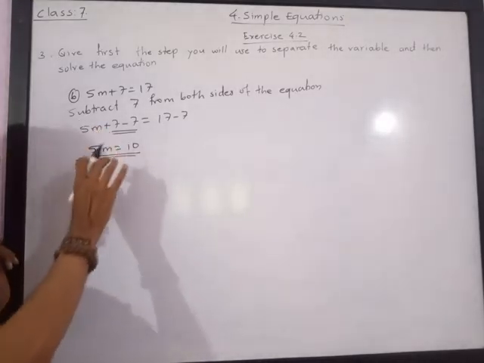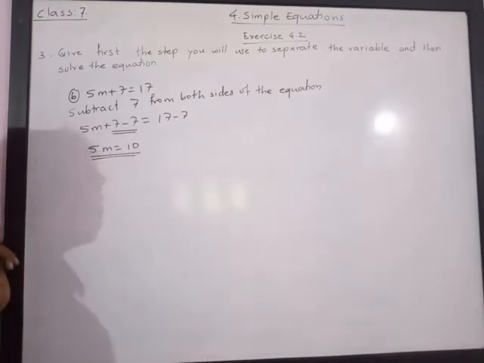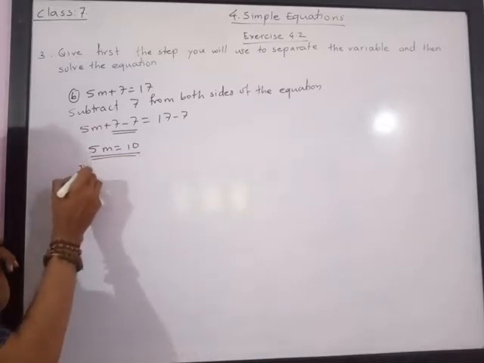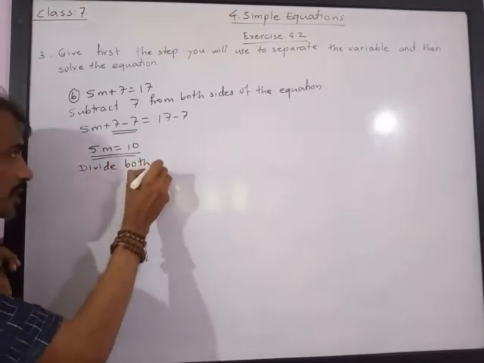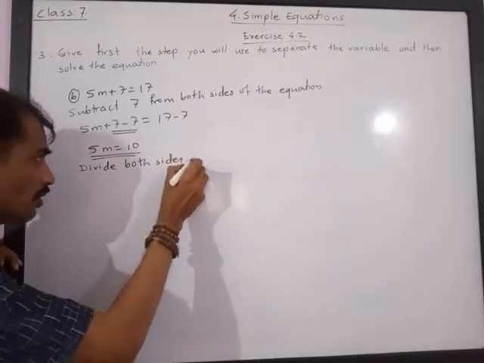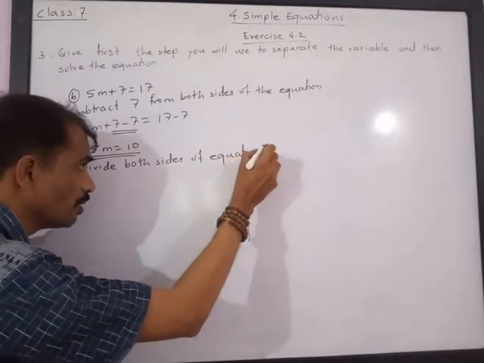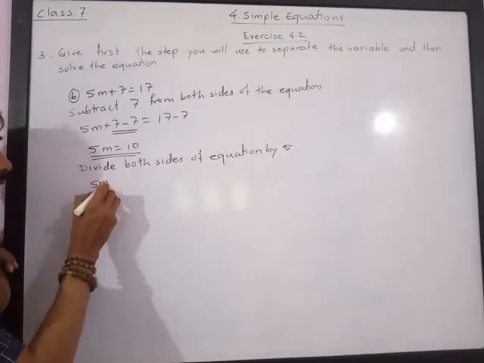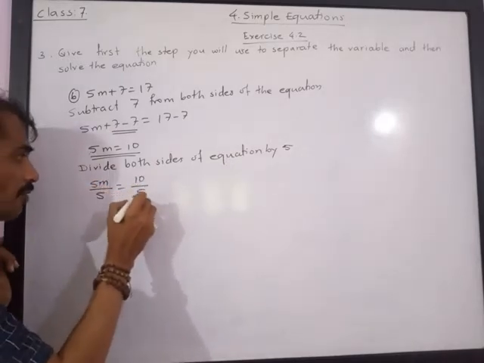Now 5m is equal to 10. Here please note 5 is multiplying m. So in order to eliminate 5, divide both sides of the equation by 5. So you will get 5m divided by 5 is equal to 10 divided by 5.